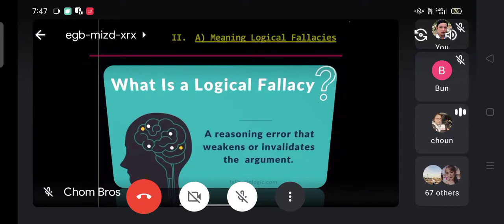There are two major categories of logical fallacy, which in turn break down into a wide range of fallacy types, each with its own unique way of trying to trick you. Please move to the next slide.